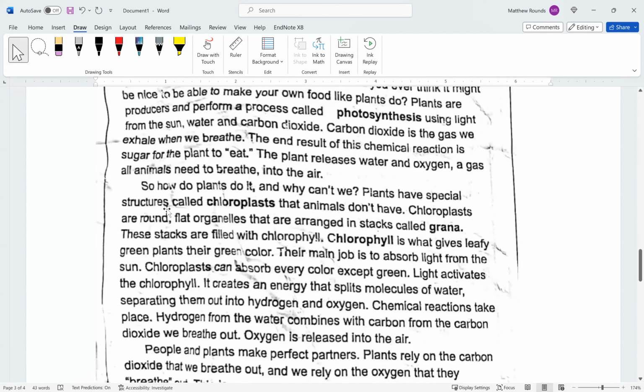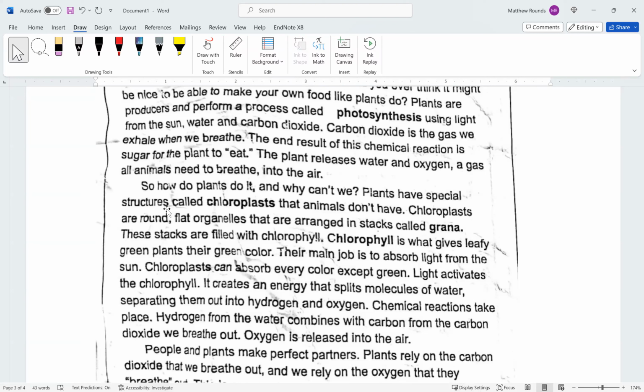So how do plants do it? And why can't we? Plants have special structures called chloroplasts that animals don't have. Chloroplasts are round, flat organelles that are arranged in stacks called grana. These stacks are filled with chlorophyll. Chlorophyll is what gives leafy green plants their color. Their main job is to absorb light from the sun.